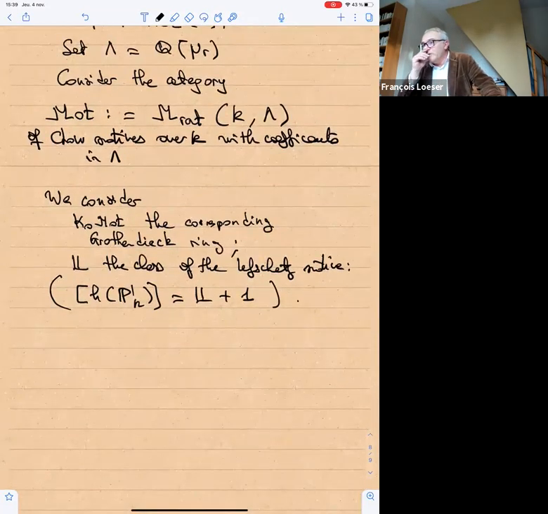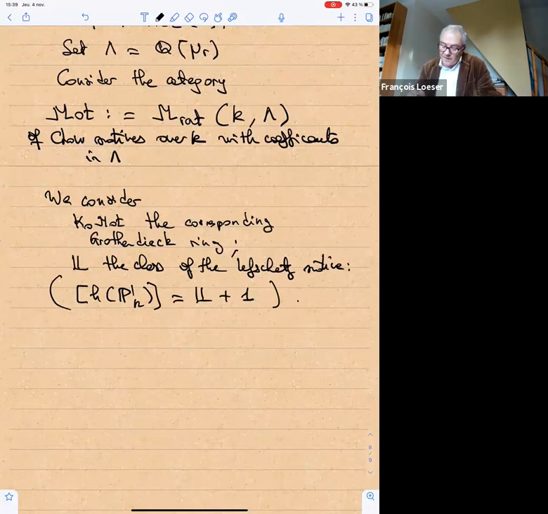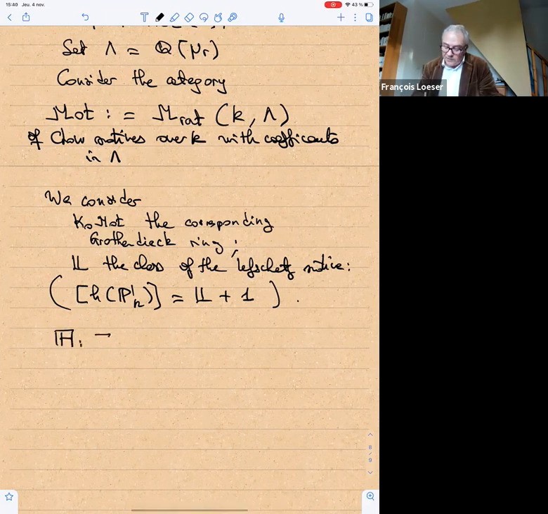So to speak, L corresponds to the motive with compact support of the affine line. We will need to invert L and some other objects.